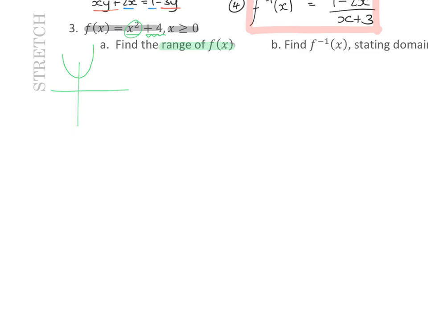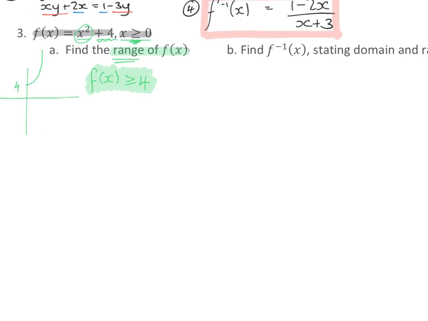So again, everything's linking together. Now x is bigger than 0, so this is actually not defined over here. Now this is 4, so our range is f of x is bigger than or equal to 4. And we're going to come back to that later on. So that is the range of f of x.